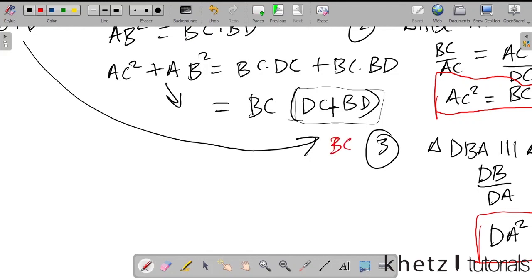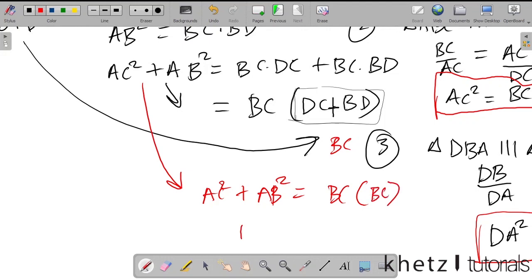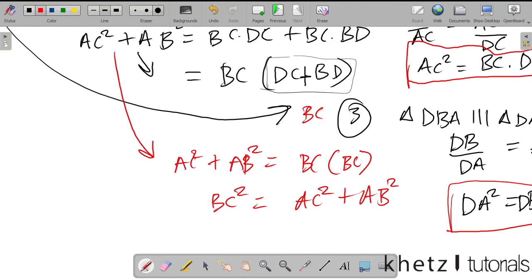Which means indeed AC squared plus AB squared is equals to BC multiplied by BC, which says BC squared is equals to AC squared plus AB squared. And we have ultimately proven that the Pythagoras theorem is actually correct and it works.